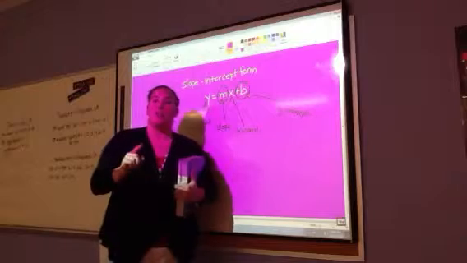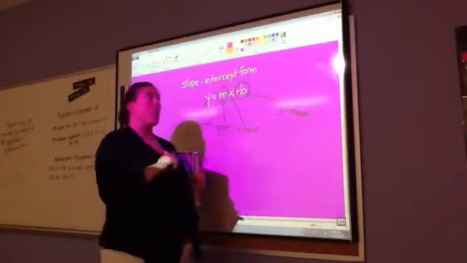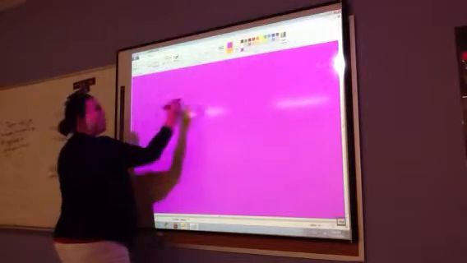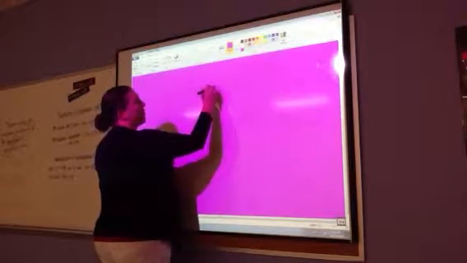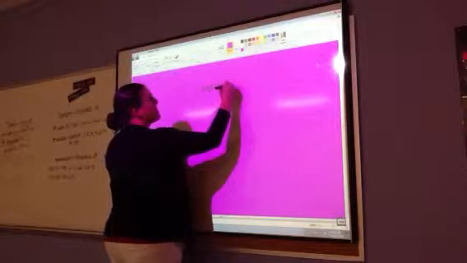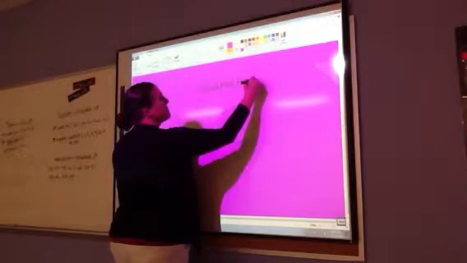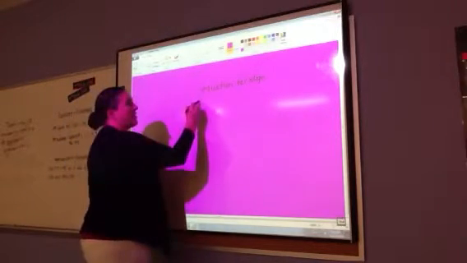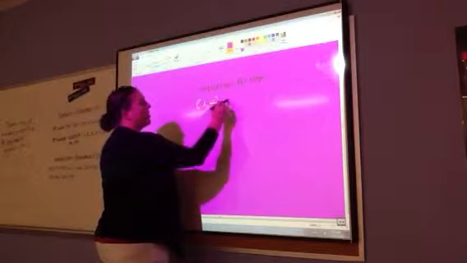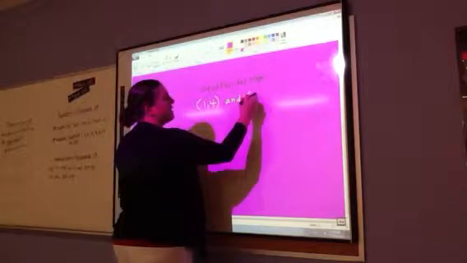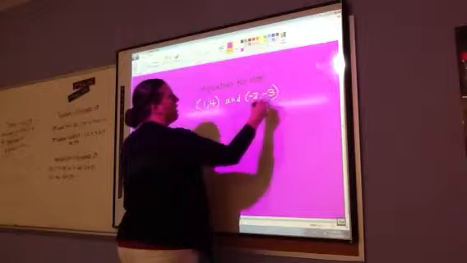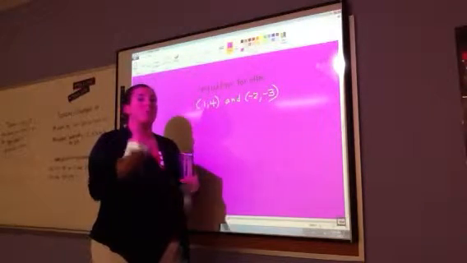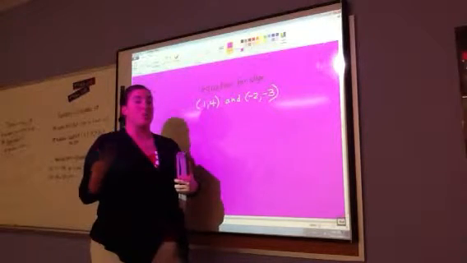Now, if you go back to what we had before, we also have a slope formula, an equation for slope. When you are given 2 points, let's say for example you have (1, 4) and (-2, -3), and they ask you to find the slope, you have to label which one is x1, y1, x2, and y2.